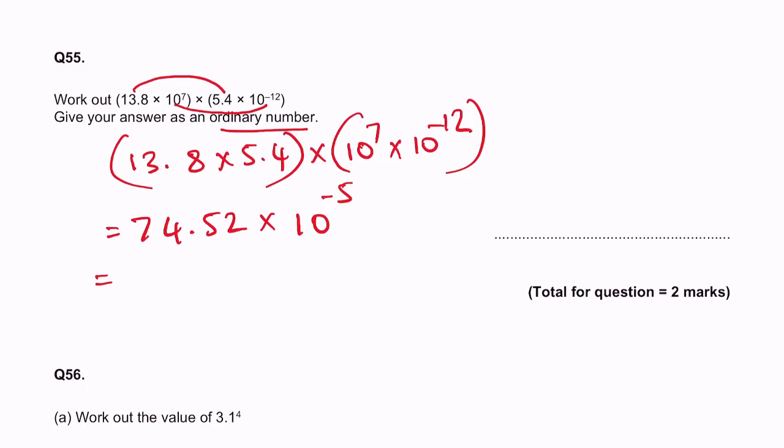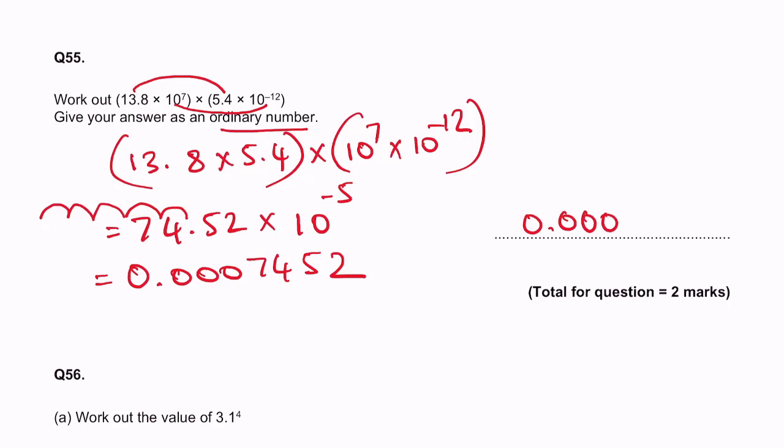Minus 5 is going to move the decimal 5 places to the left: 1, 2, 3, 4, 5. So 0.0007452, and that's the answer. I didn't bother changing it into standard form, because the question is asking you to write it down as an ordinary number.